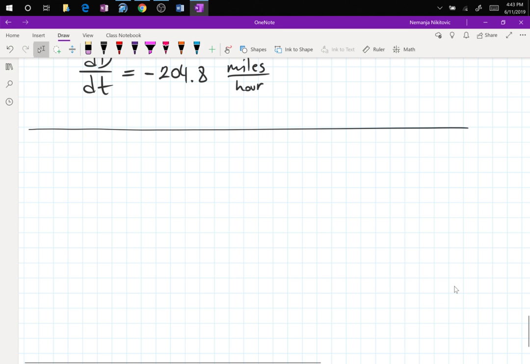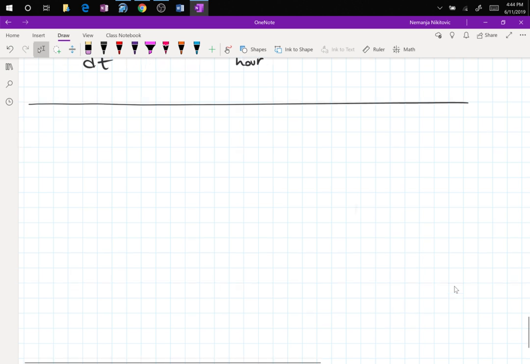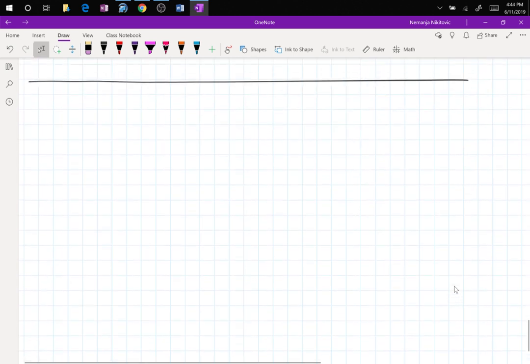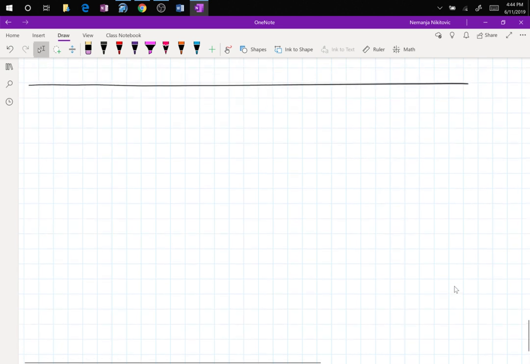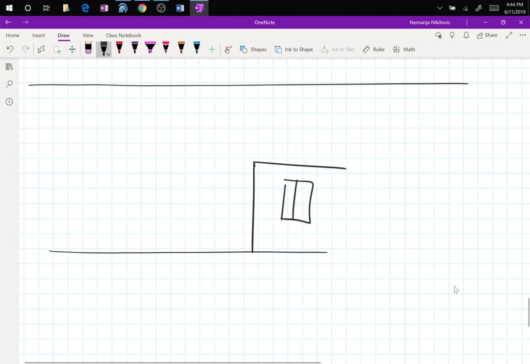Let's take a look at something else. Say you have, okay, here is ground. Now we're going to draw a house. Obviously every house needs to have a chimney somewhere, right?